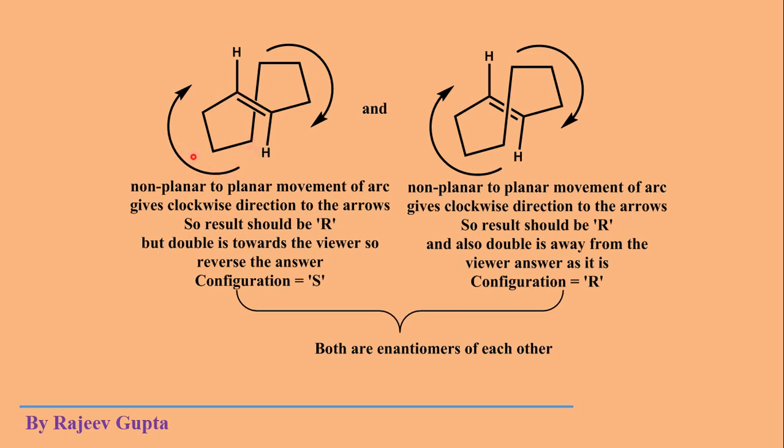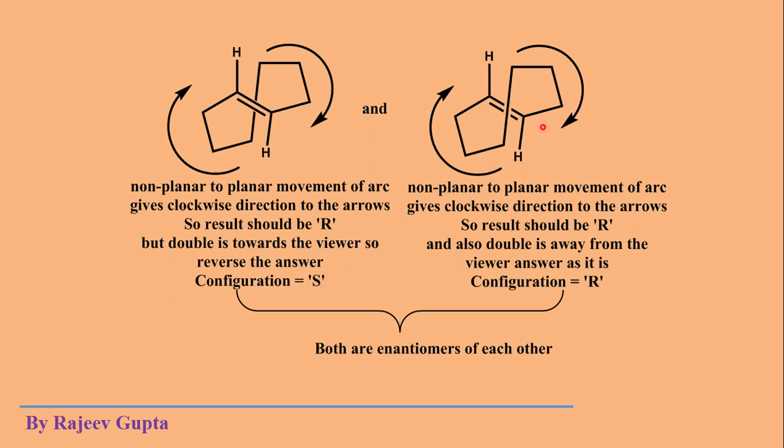We get a clockwise direction of arc, so we should get capital R, but the double bond is towards the viewer, so we reverse the answer. The actual configuration of this structure is S.